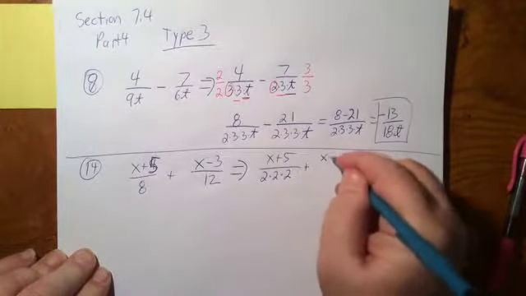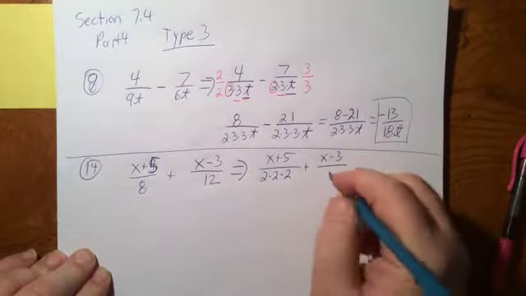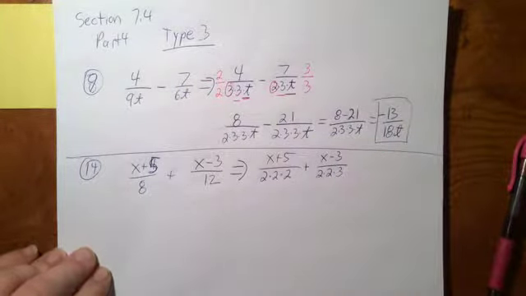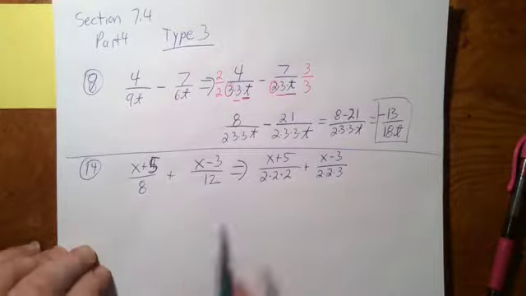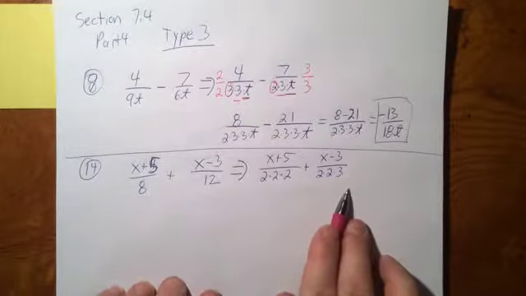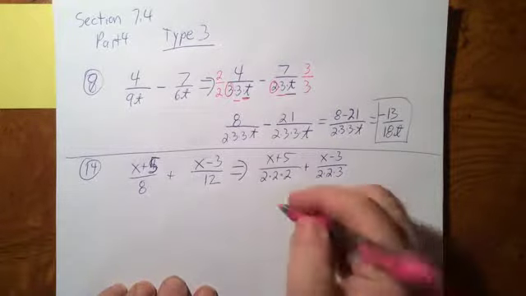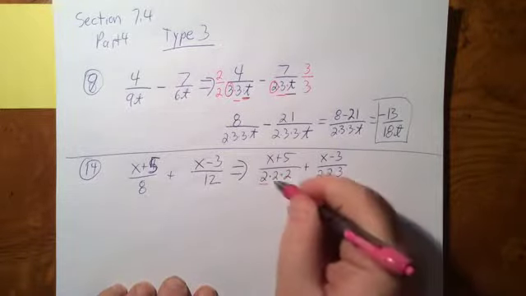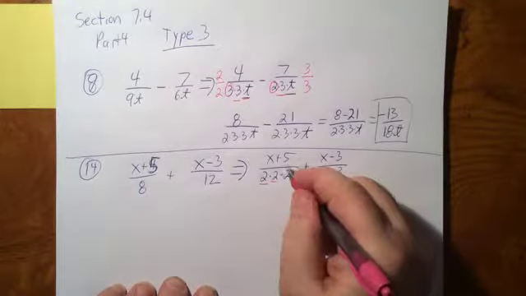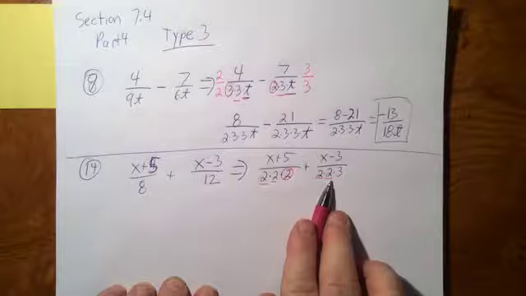Plus x minus 3 over 2 times 2 times 3. And yes, I can do these in my head, I've taught this for several years. So I look in the denominators and identify the prime factors that are uncommon. We have 2, 2, and here we have a 2 that is not in common with the other denominator.